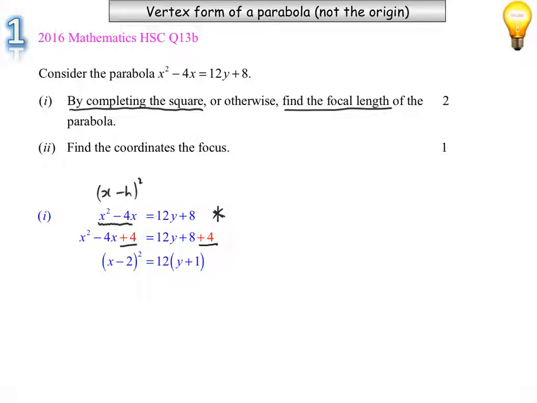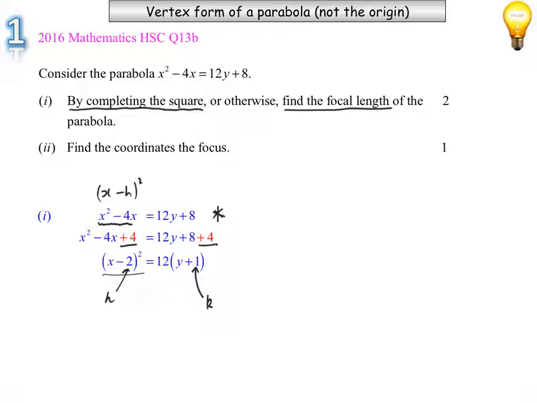Once we've added the 4 to both sides, there's our expression, x take away 2 all squared. There's the value of the x component for the coordinates of the vertex. And then on the right-hand side, it factorizes nicely, and here is the y value for the vertex. It doesn't say anything about a vertex in the question, but we will need it for the focus.